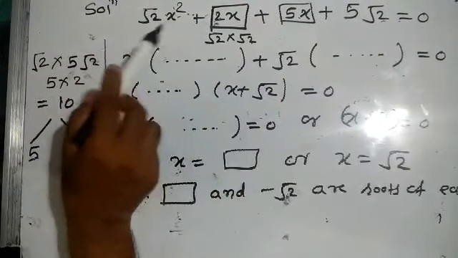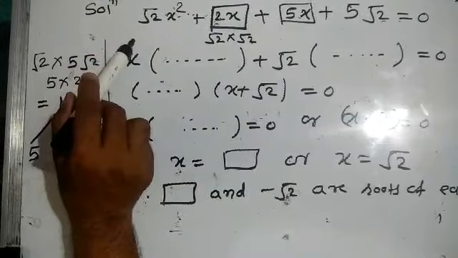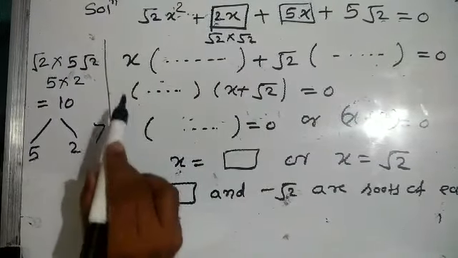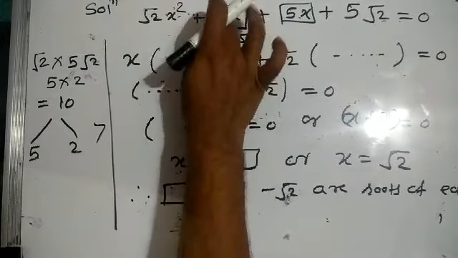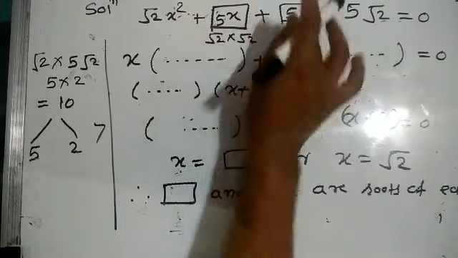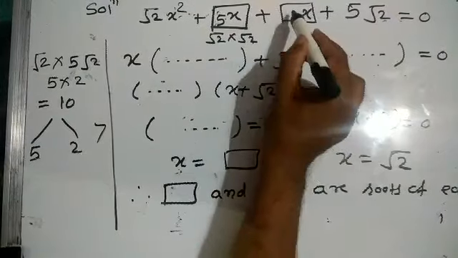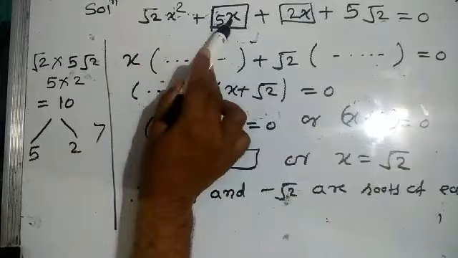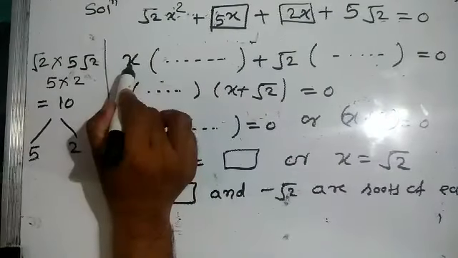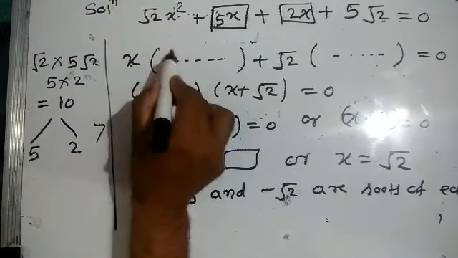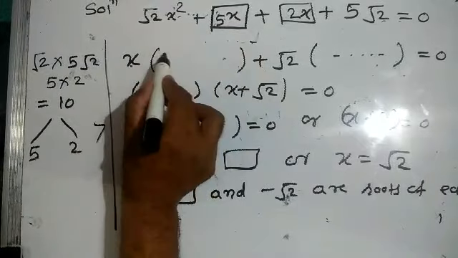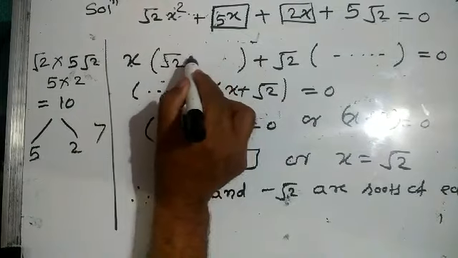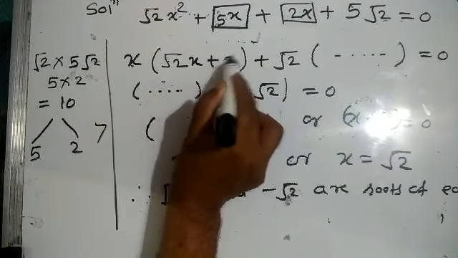When we take x as a common, here write down 5x and here write down 2x. Here, when we take x as a common, then what do we write here? Root 2 x plus 5.